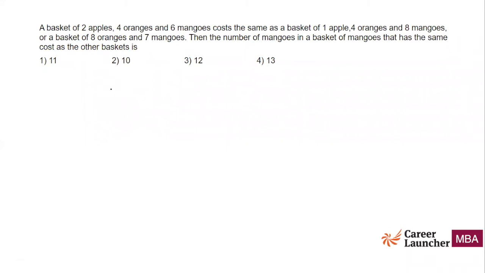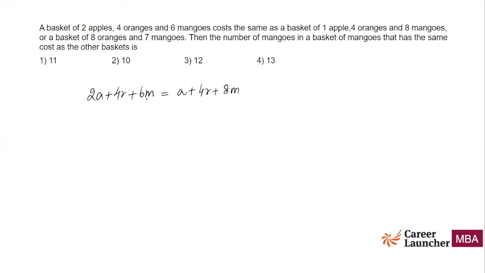So this is a question that looks simple, because the options are pretty simple. A basket of 2 apples, 4 oranges and 6 mangoes costs the same as a basket of an apple, 4 oranges and 8 mangoes. Okay, great.